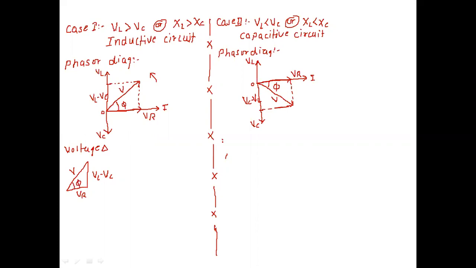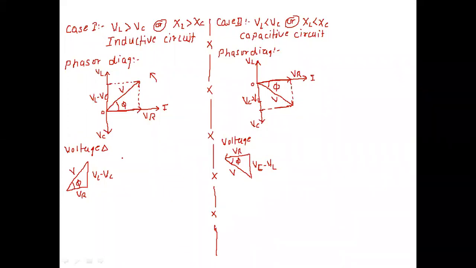If I draw the voltage triangle for the second case, it looks like this. This side represents VR, this side represents VC minus VL, and this side represents V. This is the phase angle phi.